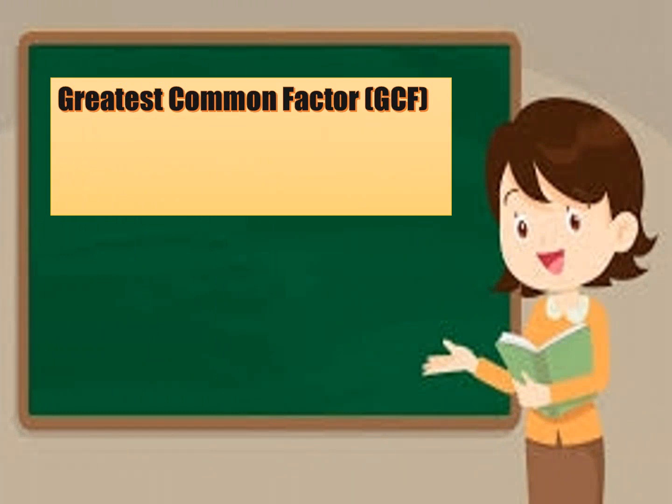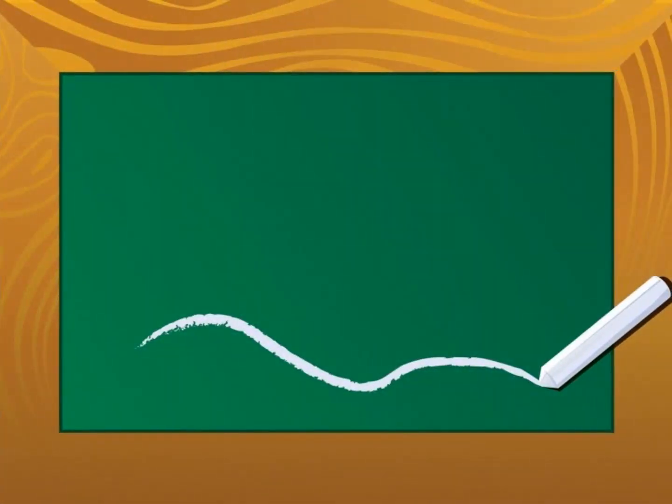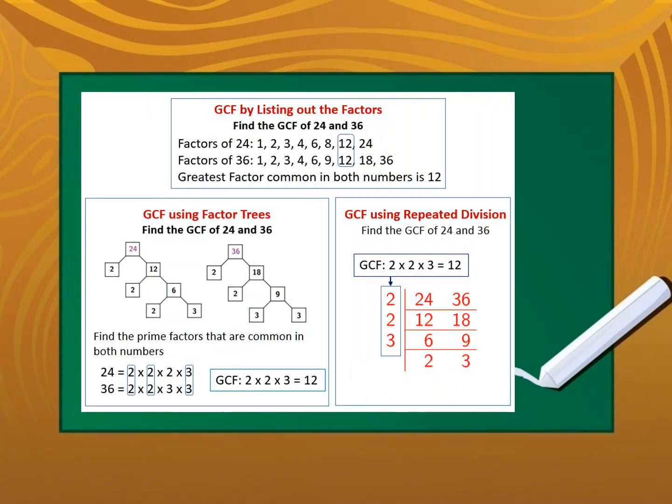First, we will define what the greatest common factor or GCF is. GCF is the greatest number that is a factor of two or more numbers. There are ways on how to get the GCF of numbers. First, by listing out the factors.